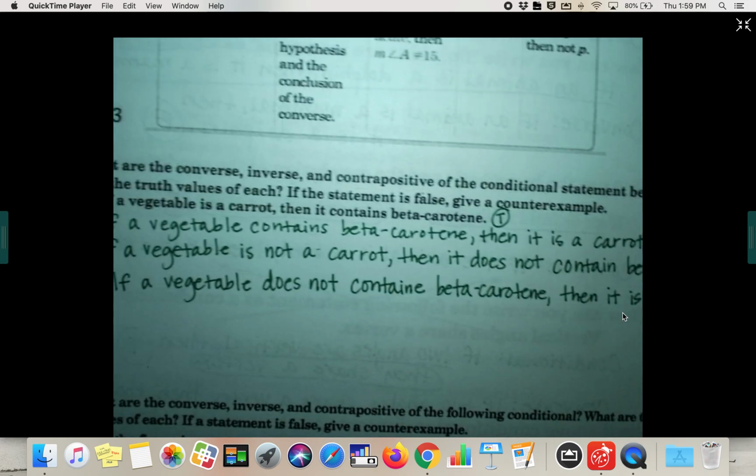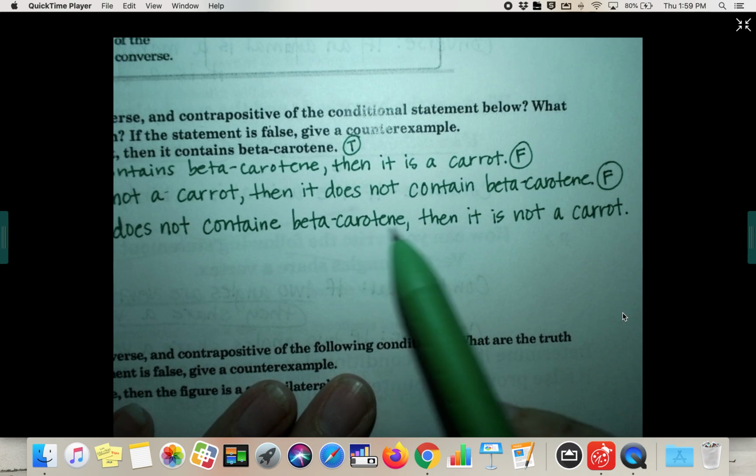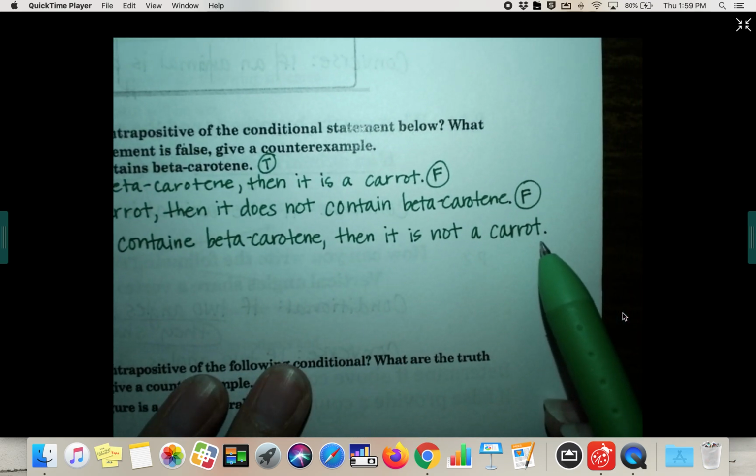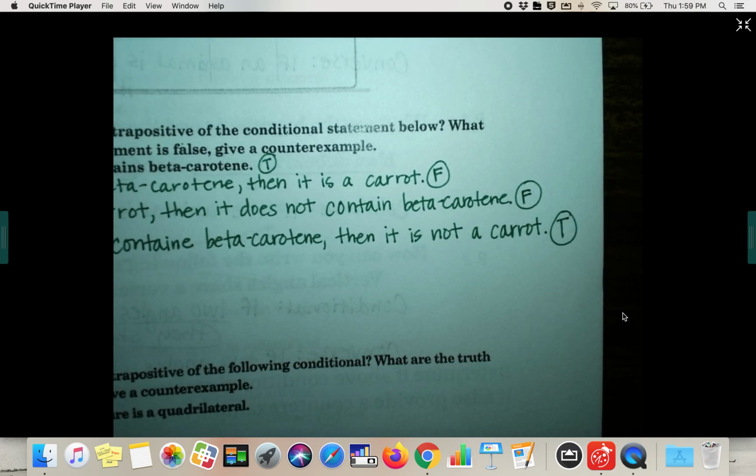That would be true, because if it does not contain it, then we know it can't be a carrot, because carrots do contain it.